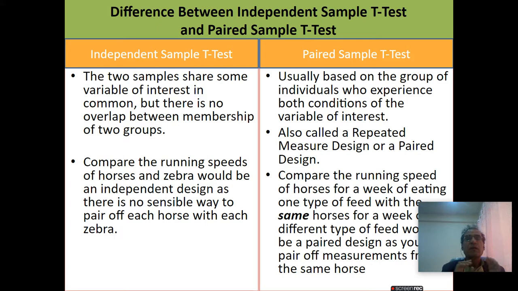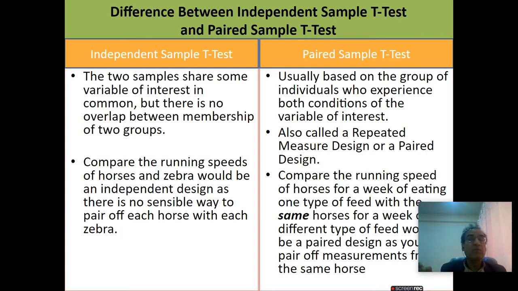First of all, we will compare the difference between independent sample t-test and paired sample t-test. Independent sample t-test is the one in which the two samples share some variable of interest in common, but there is no overlap between membership of the two groups.